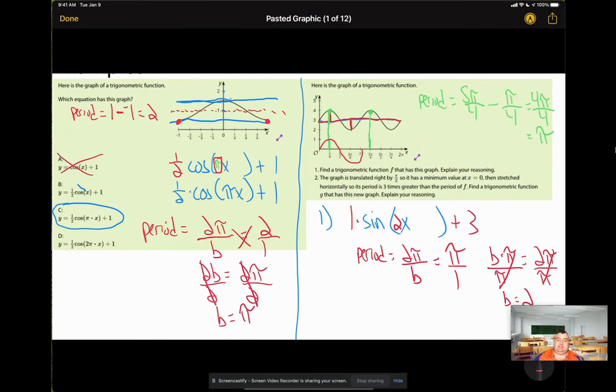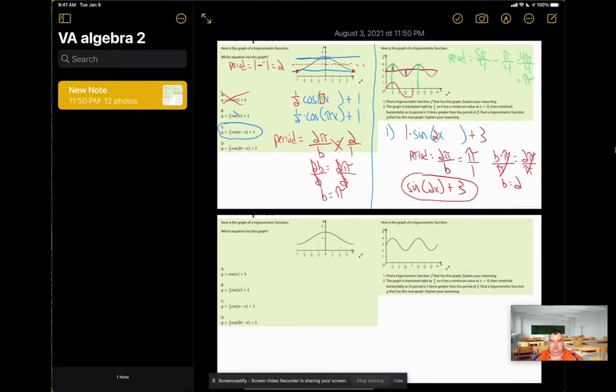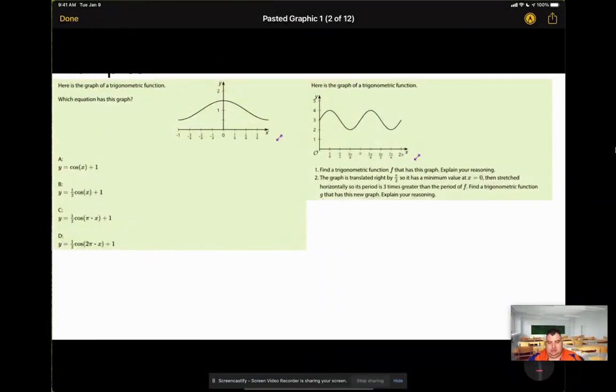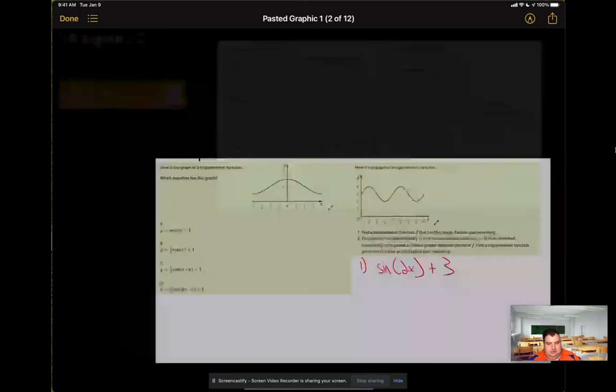So there's no horizontal shift. So my final equation is going to be sine of 2x plus 3. I don't need to write the 1 times because 1 times anything is itself. So there's number 1, and let me rewrite that. I know that the answer to number 1 again is sine of 2x plus 3.